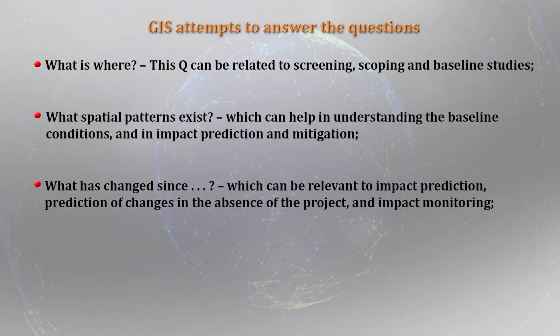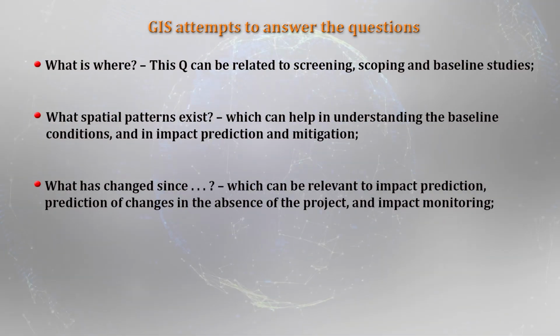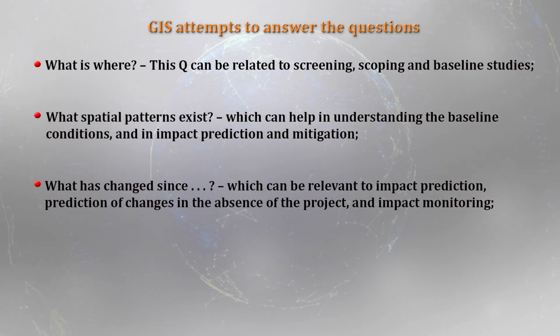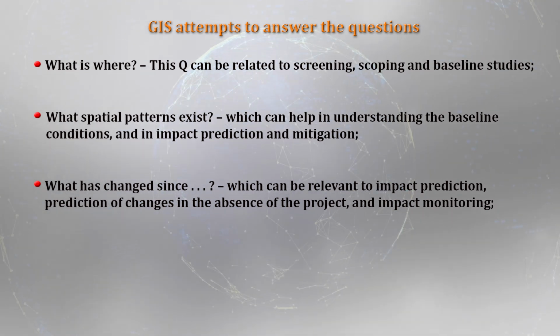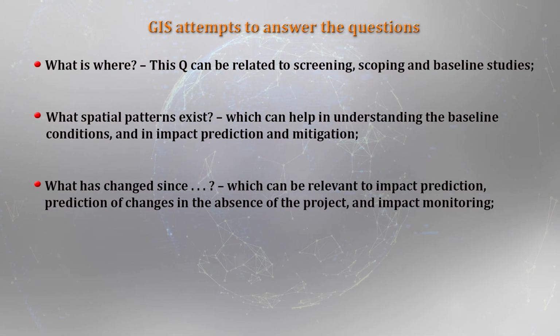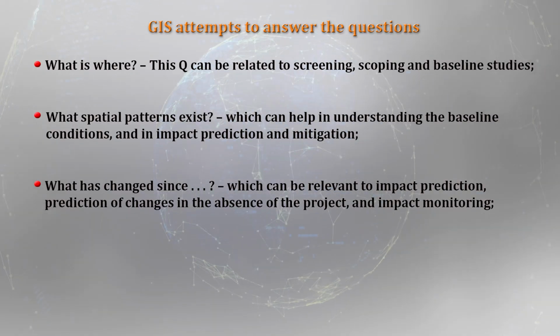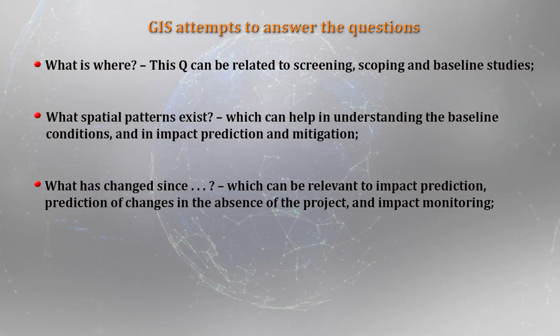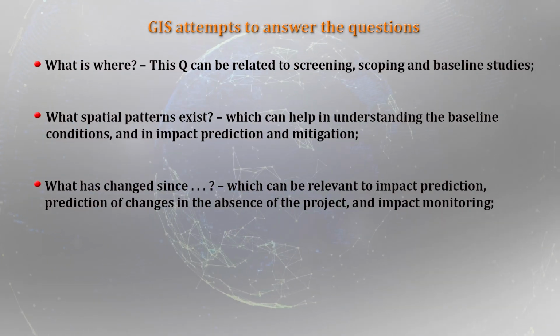For example, what is where, what spatial pattern exists, and what kind of changes have taken place. So, certain questions GIS attempts to answer, and interestingly, these questions can also be synced with the environmental impact assessment process. Let us see them one by one.